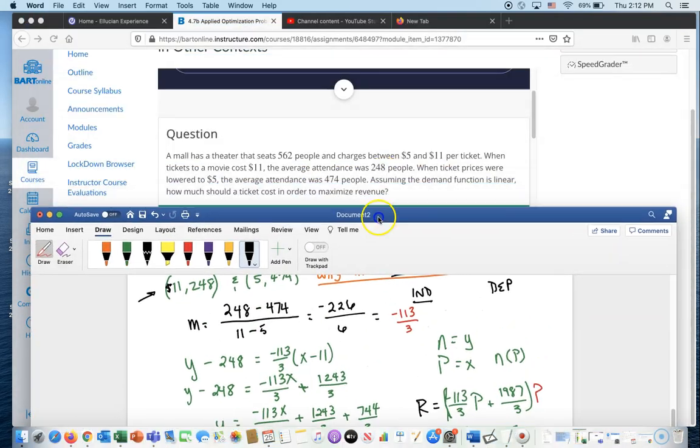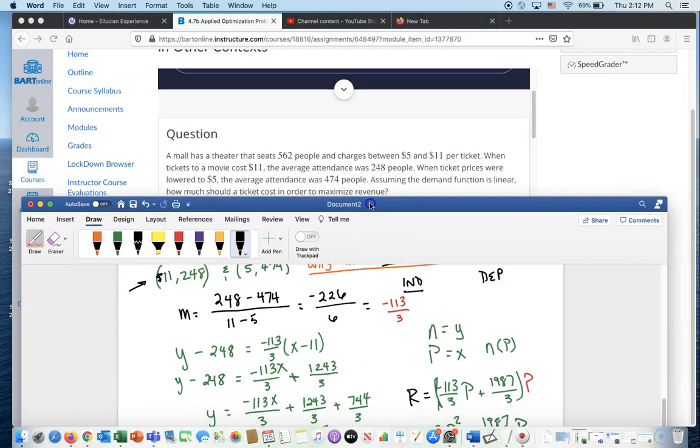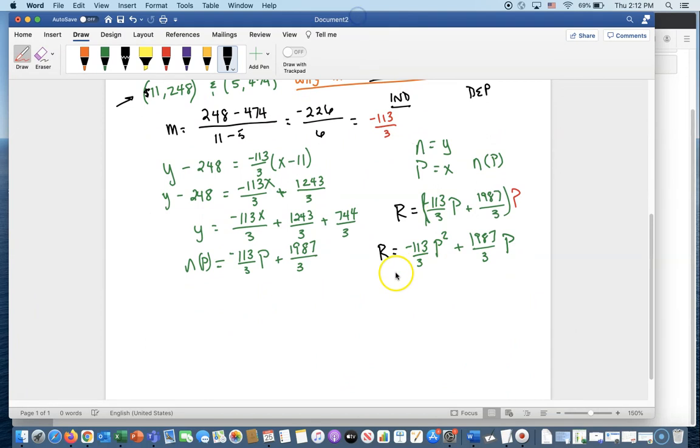Because we want to maximize revenue, that's the word that tells me not only do I need to take the derivative of the revenue function, okay, so I'm going to take the derivative, but I'm going to set that derivative equal to 0. And again, that comes from the idea that we want to maximize this revenue.